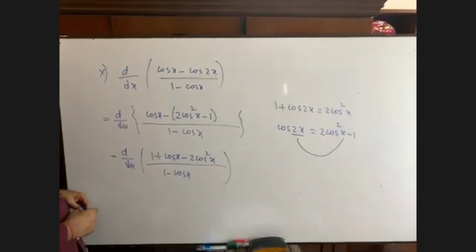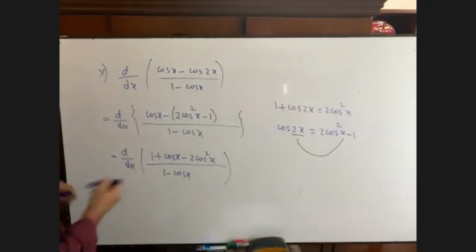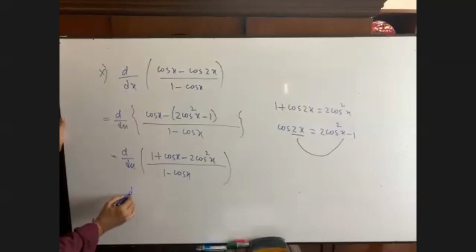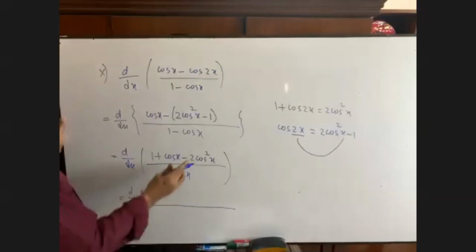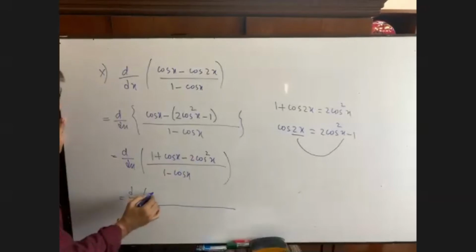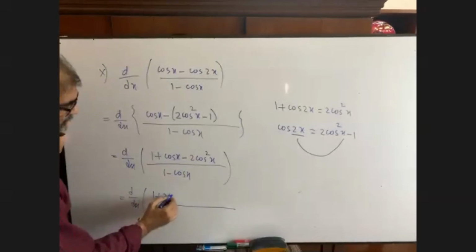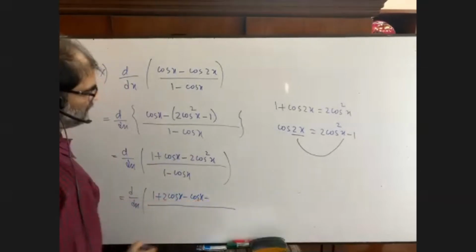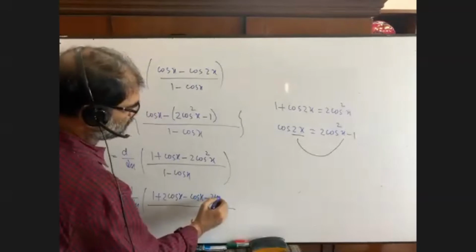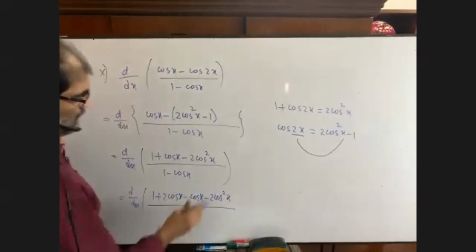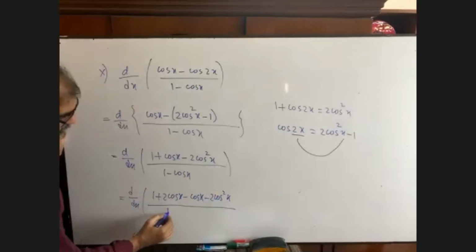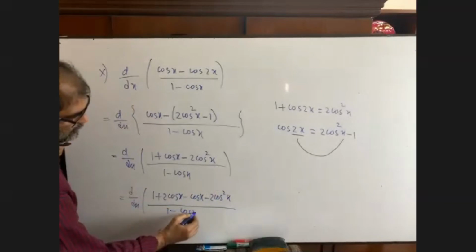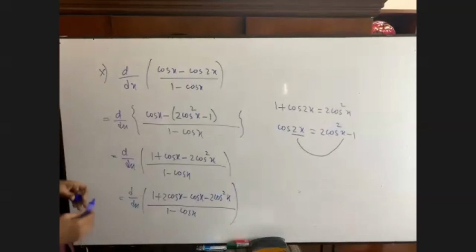Is it? Now resolve into factors. D by dx. Can you factorize? It is 2. So 2 into 1, 2. That is 1 plus 2 cos x minus cos x minus 2 cos square x by 1 minus cos x. Right?